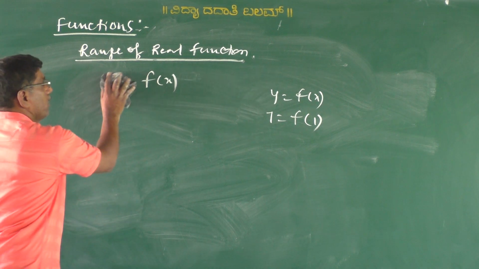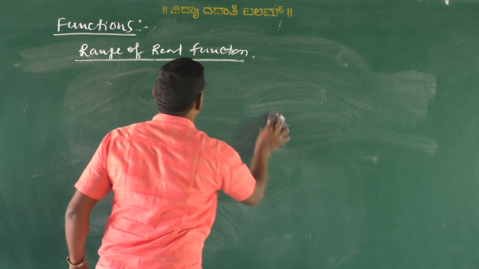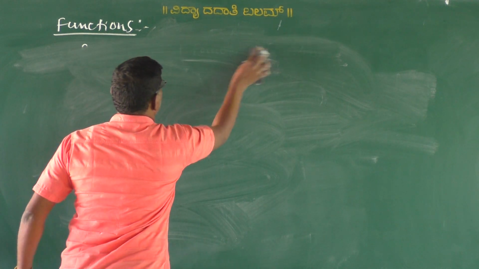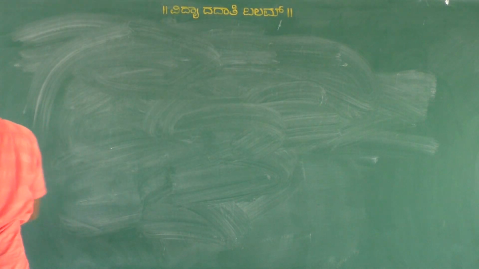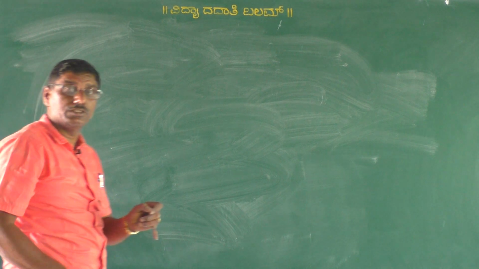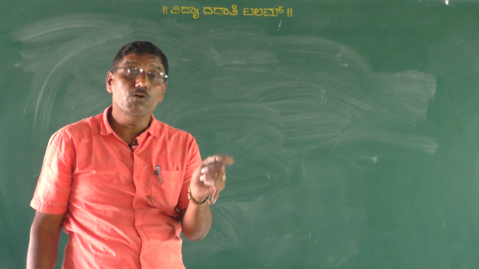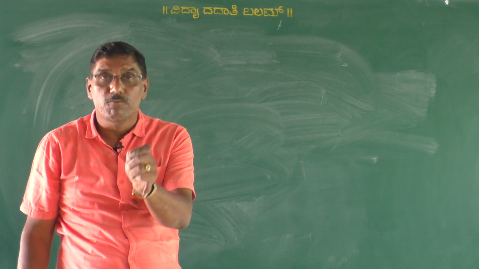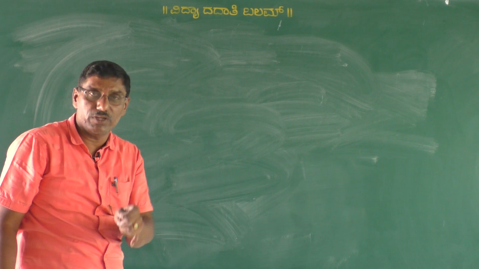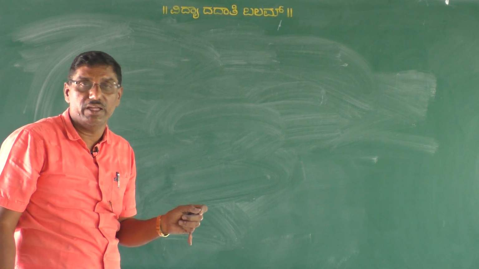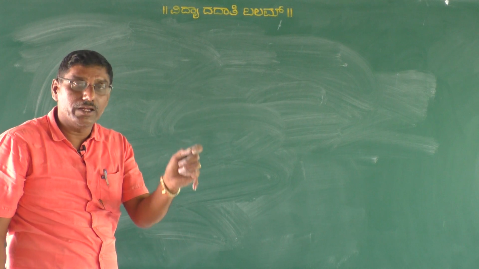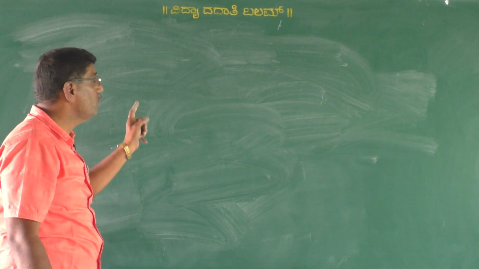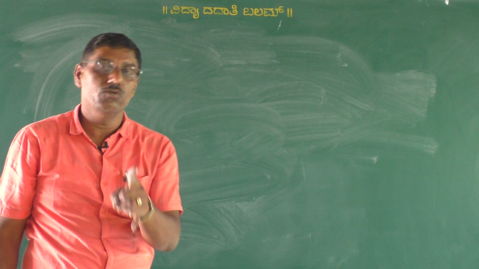Okay, that means in this class we discussed the definition of a function, and how you can represent functions, and also the elements of a function, that is the domain, codomain and range, and also real functions and real valued functions.